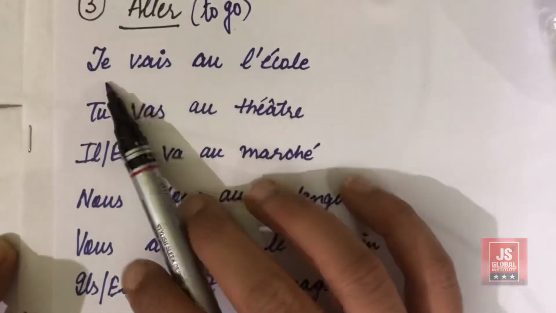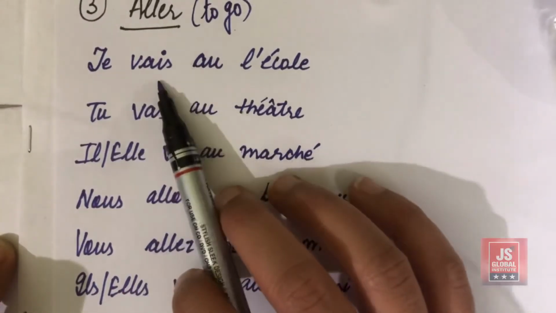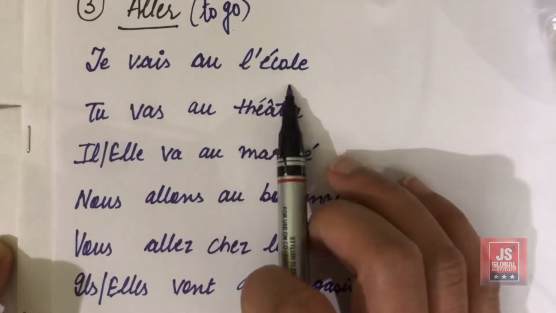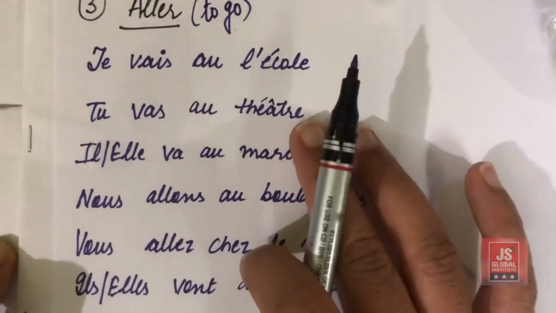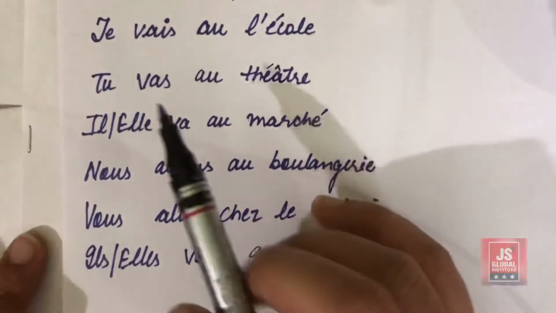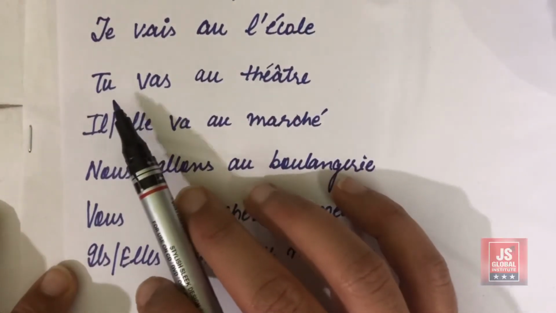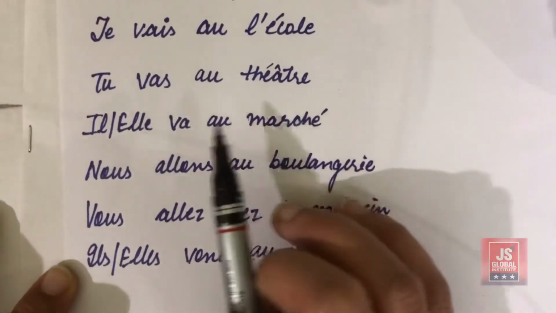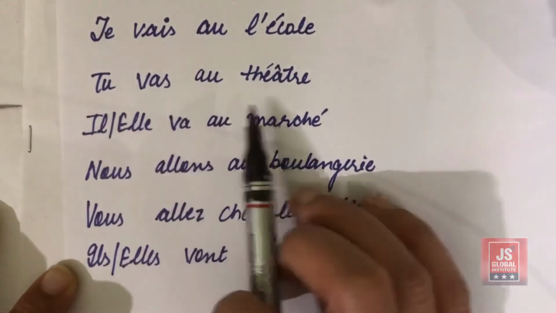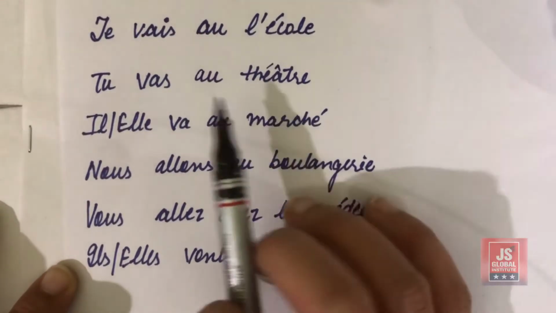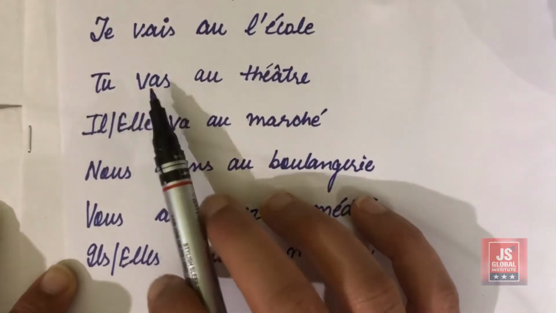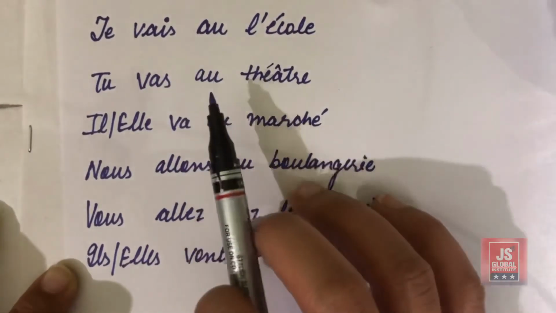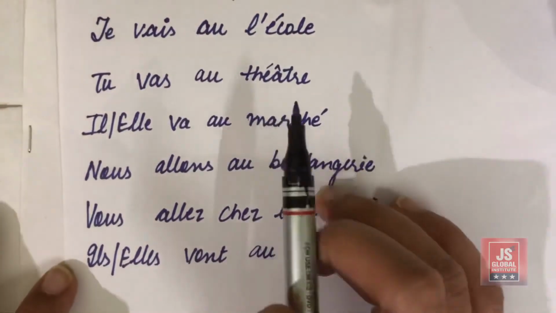Okay, that is je, which is the subject, vais, which is the conjugation of the verb, à l'école, which is the object. Okay, next is if I want to say that you are going to the theater or you go to theater, I would say tu vas au théâtre, which is tu, the subject, vas is the verb, that is the conjugation of the aller verb, and au théâtre is the object.